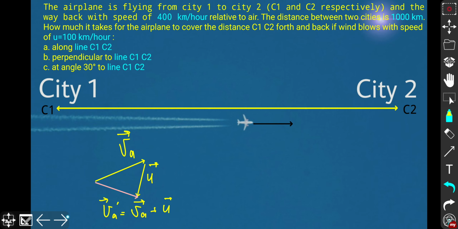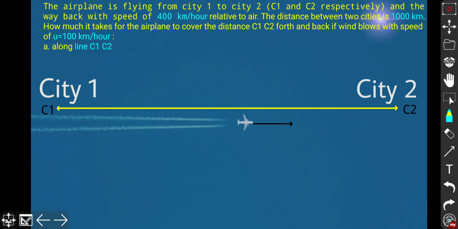Let's have a look at what we have in case 1. The wind is blown along line C1, C2. Let's have a look at the velocity of the airplane. Let's mark it as VA. That's our velocity, which is equal to 400 kilometers per hour. And let's say the first time the wind is blown against the airplane, so it means this way back.